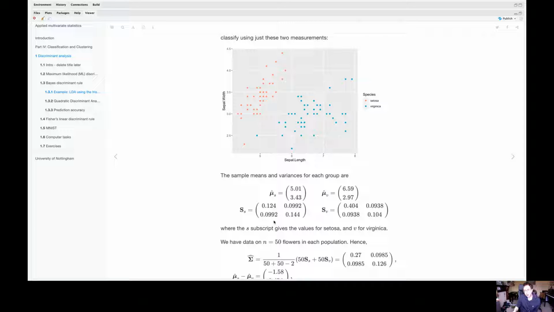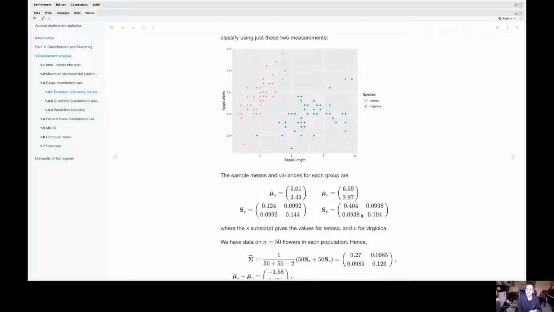So if we look at these 2 covariance matrices, they are somewhat similar. There are some differences as well, but they're close enough that we can probably try linear discriminant analysis and see what happens.